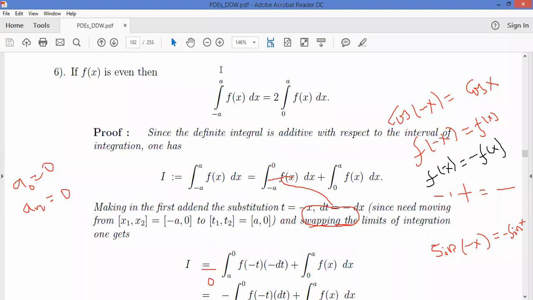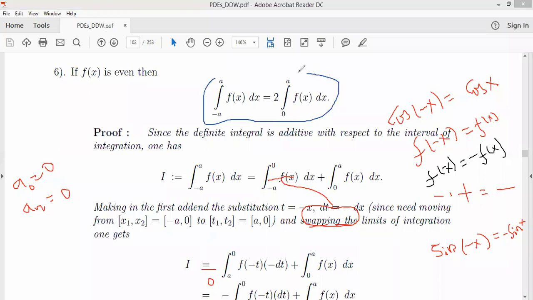We have said that if you are integrating, remember we said if f(x) is even, the integral from minus a to a will simply be twice the integral from 0 to a. That's what we are trying to do here.